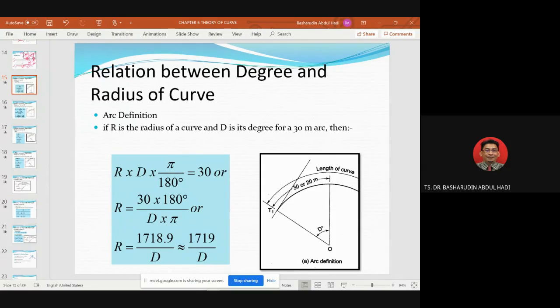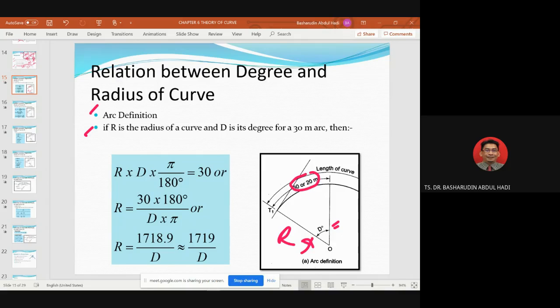Okay, now the relation between degree and radius of curve. So arc definition. If R is the radius of the curve, still remember R? And D is the degree for the 30-meter arc. So D is the angle for the 30-meter or 20-meter arcs.